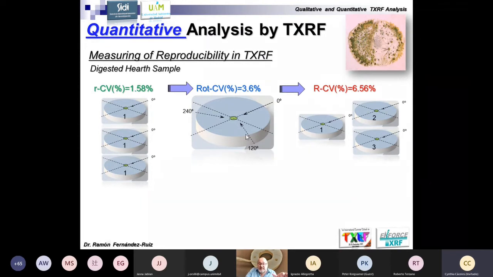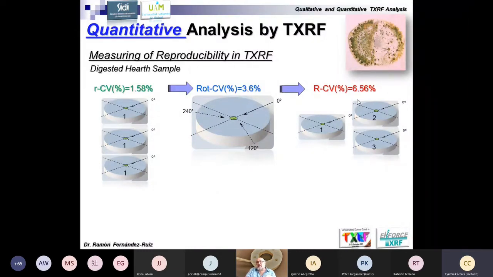But for the same sample, if now we measure one at this angle, another at this angle, another at this angle, that is 0, 120 degrees and 240 degrees, we obtain a reproducibility by rotation of 3.6%.